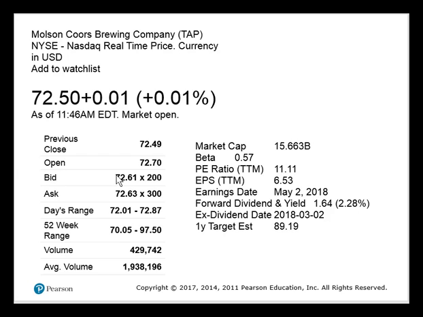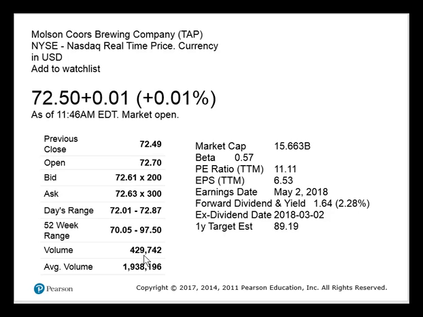If you subtract the bid from the ask, that's the bid-ask spread. This is the profit per share that goes to the brokerage house for selling this security. Now, that doesn't include the commission, but in this case, essentially, it's about 2 cents: $72.63 minus $72.61.